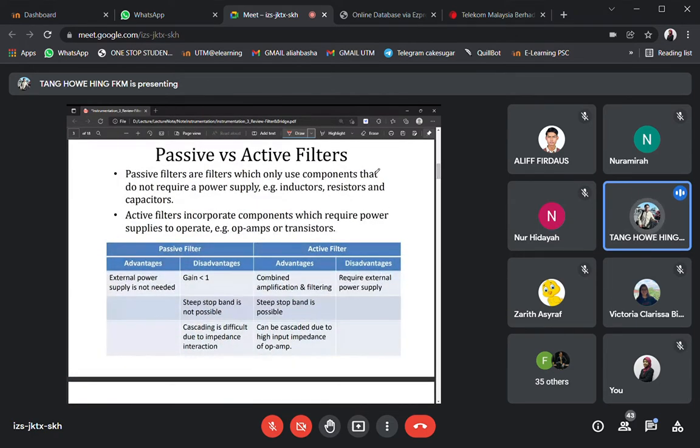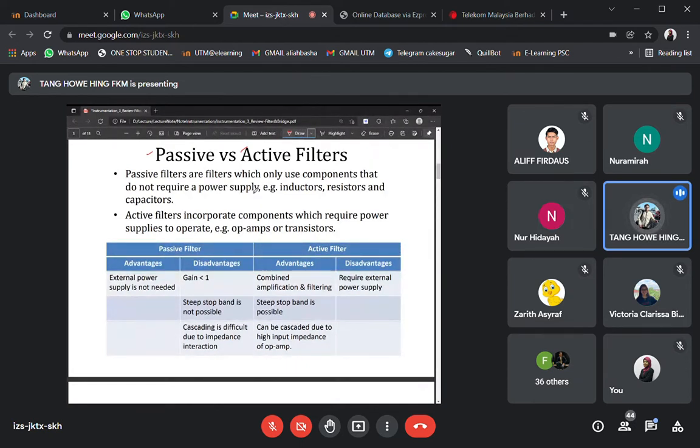Okay, so for what you are going to learn about these filters, there will be two types. One is the passive and another is the active. Passive filters don't require any external power supply, so we don't really need batteries to power up such signal conditioners.